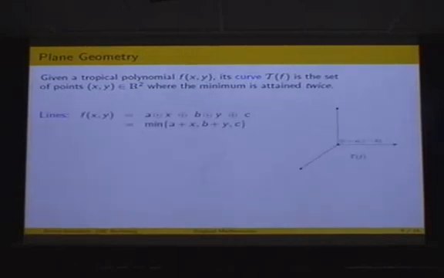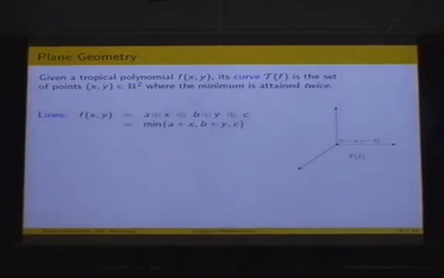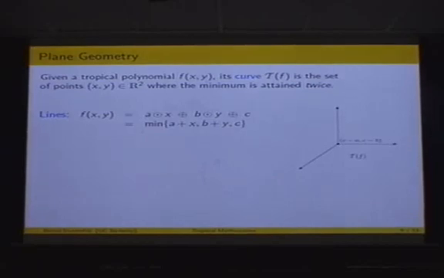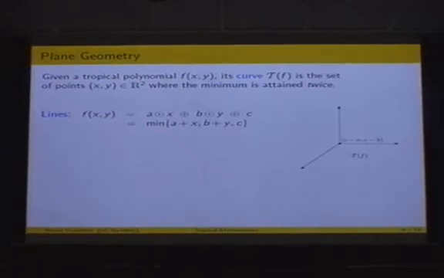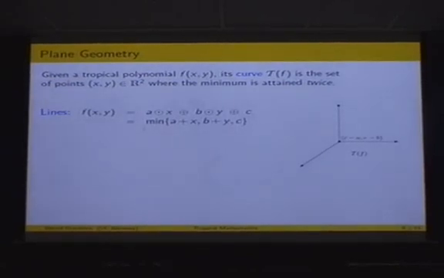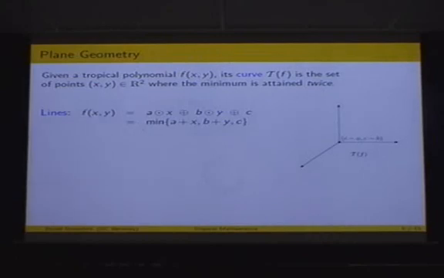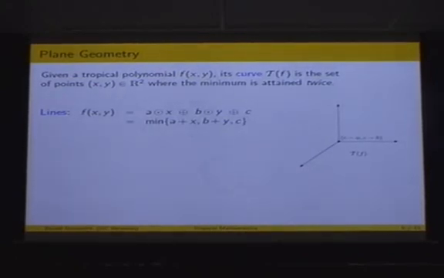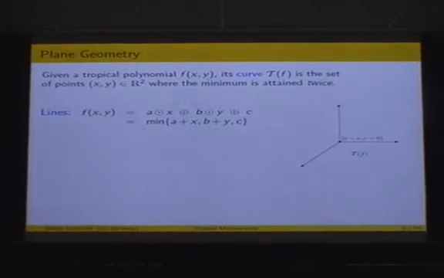So let's see some examples. So the simplest example of a curve in the plane is a line. So a straight line is the curve defined by a linear polynomial, ax plus by plus c, where a, b, and c are some real constants. Now again, if you're not completely familiar yet with tropical formalism, in ordinary math, this evaluates as the minimum of a plus x, b plus y, and c.